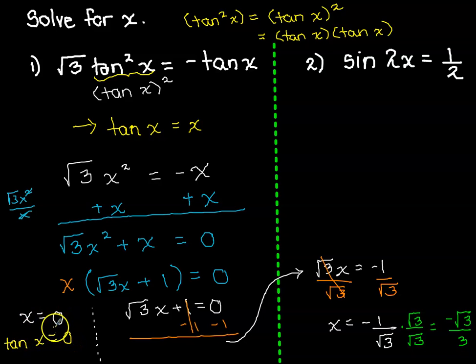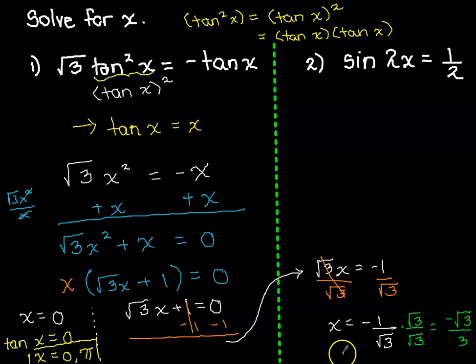So when you get the trig function by itself, it's time to solve for x, or the angle. It's time to bring out the unit circle. Where does tangent equal 0? If you look at the unit circle, tangent equals 0 at 0 and pi. So this is your answer for the first part. Tangent of 0 equals 0 and tangent of pi equals 0. So if you replace the x with those two angles, it actually works.